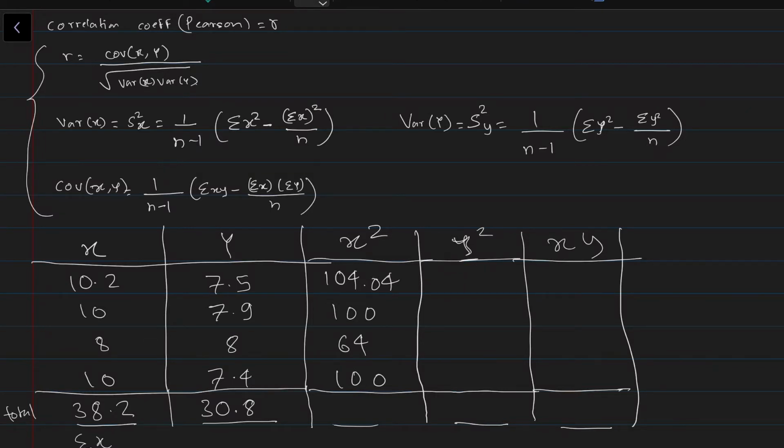So 7.5 square, and then 7.9 square. Eight square, and then 7.4 square.